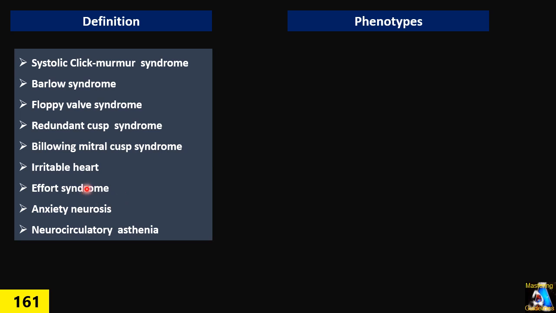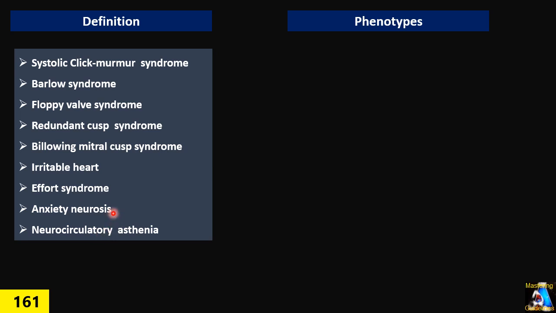But nowadays there is more evidence showing that mitral valve prolapse actually comprises different entities, each of them different.